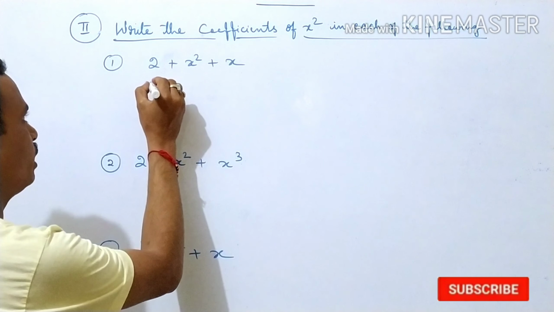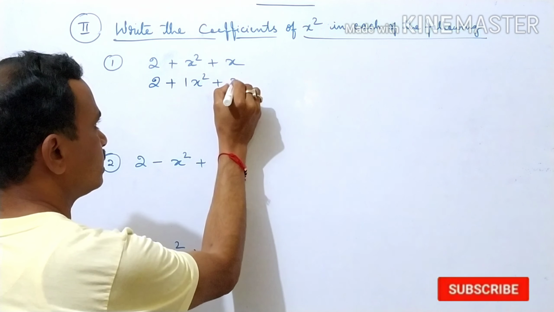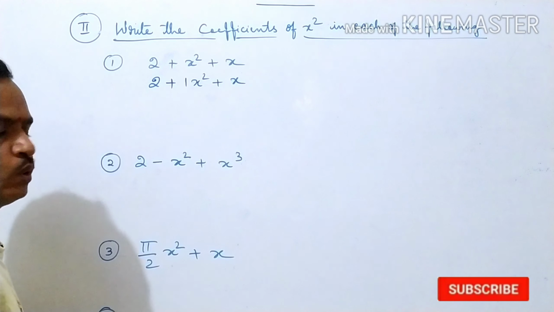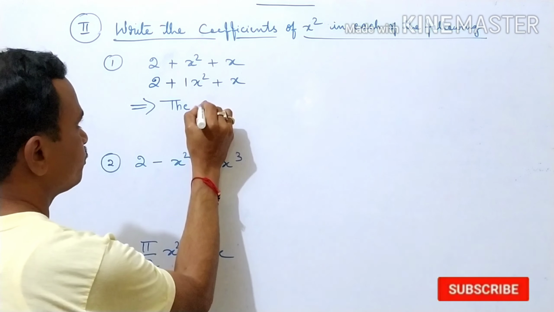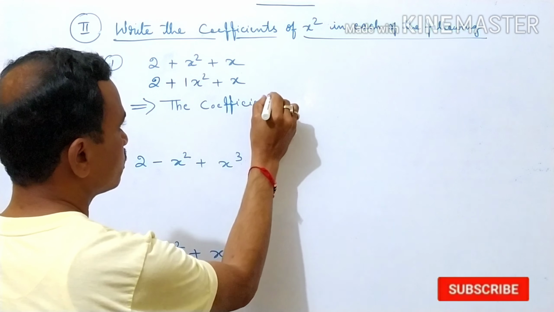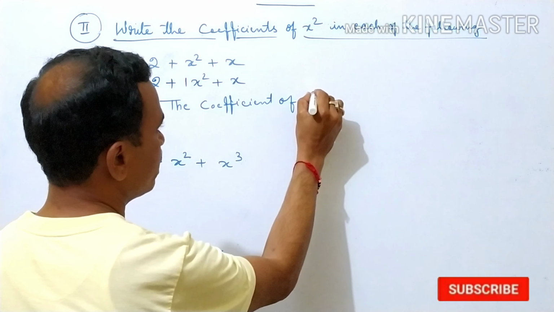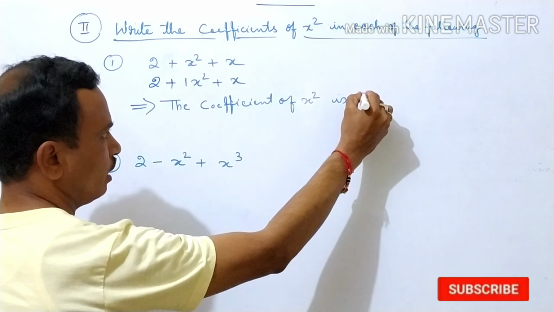So first you should write it as 2 plus 1x square plus x. So this implies the coefficient of x square is 1.